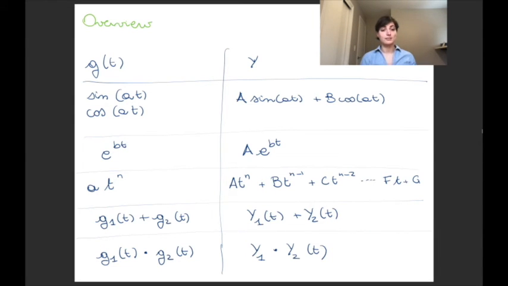If our right-hand side is a polynomial of grade n, our guess is a polynomial of grade n with different coefficients, so we have to track every single coefficient. If our right-hand side is a sum of two parts, then the solution is the sum of the two particular solutions. If it's the product, then the guess that we have to do is the product of two guesses.